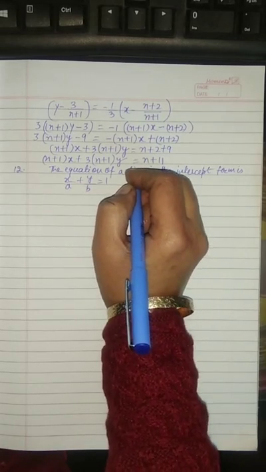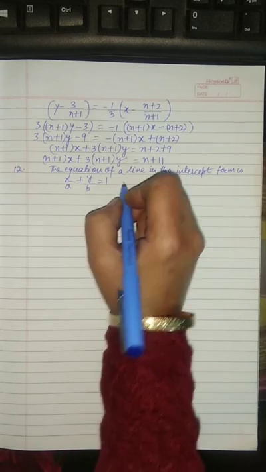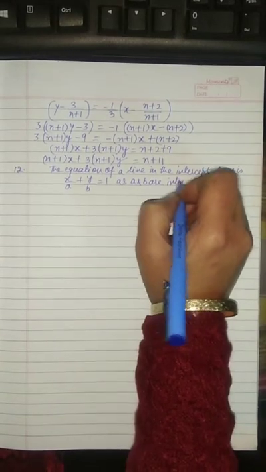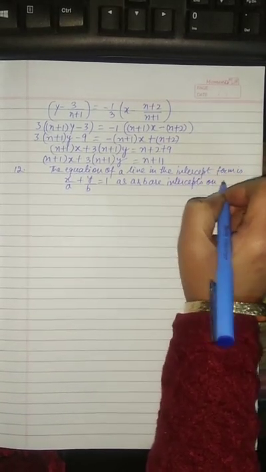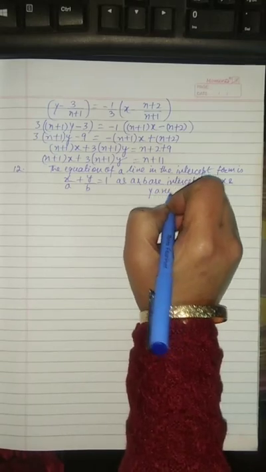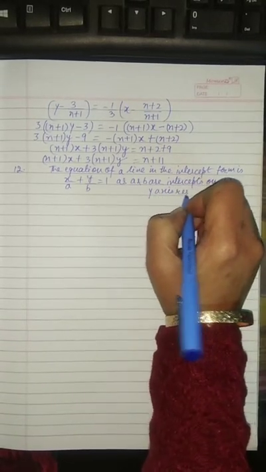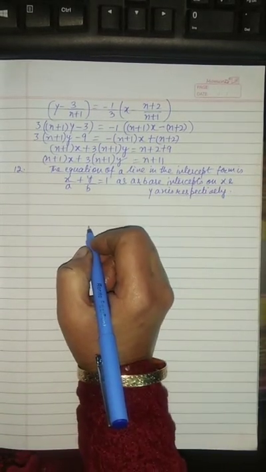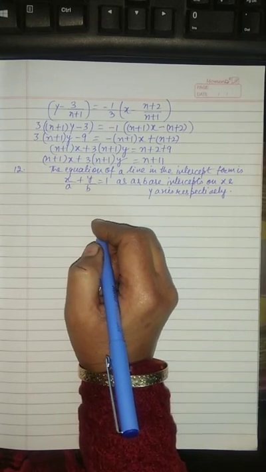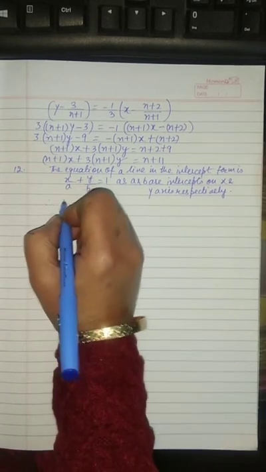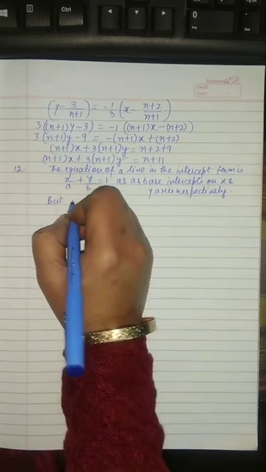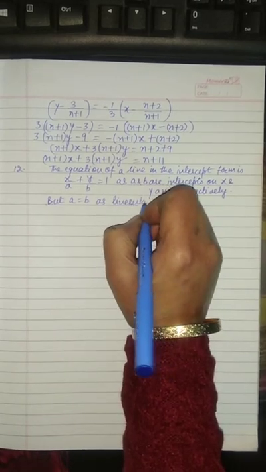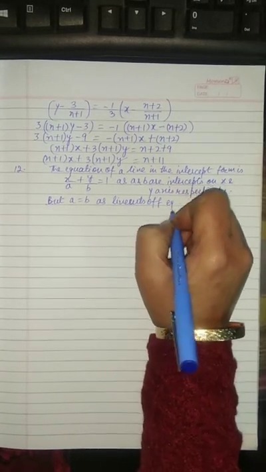Because a and b are the intercepts on x and y axis respectively. Now it is given that the line cuts off equal intercepts on both the axes, therefore a is equal to b, as line cuts off equal intercepts.